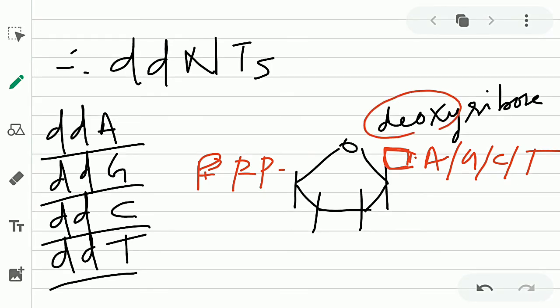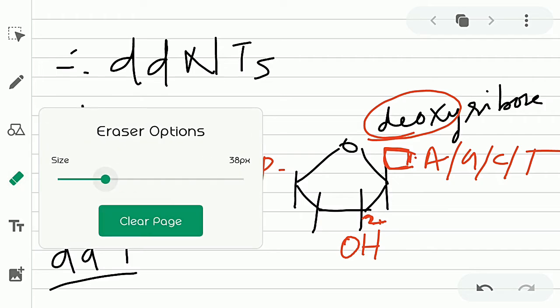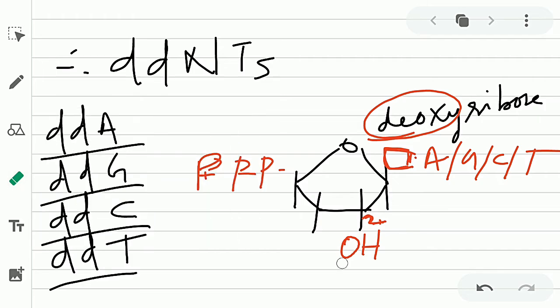They are known as deoxyribose because they have only hydrogen at the second carbon. This is the second carbon and they have only hydrogen here. Normal ribose has an OH group here, whereas these deoxyribonucleotides have only hydrogen, that means one oxygen less.